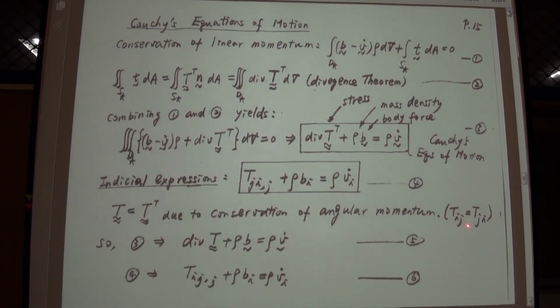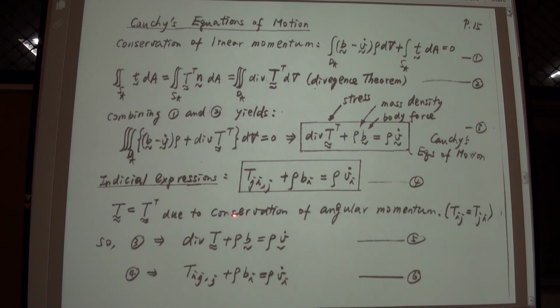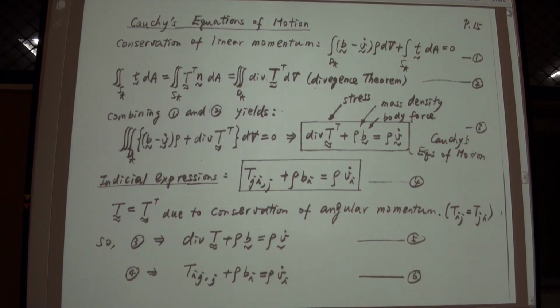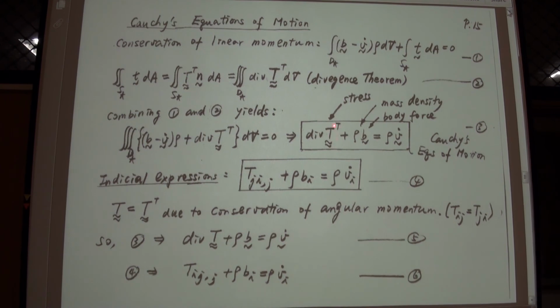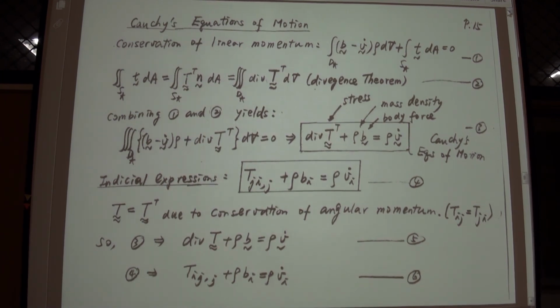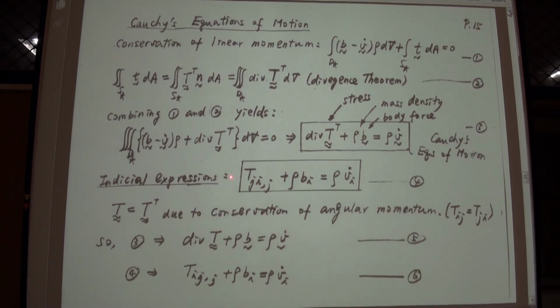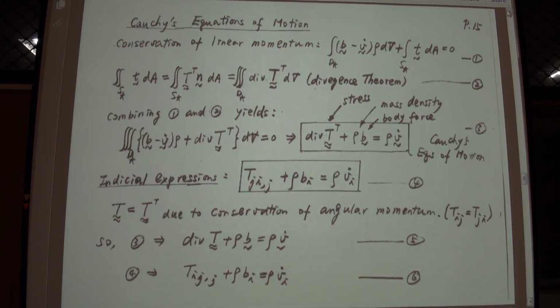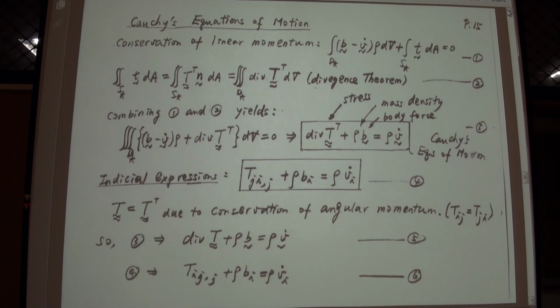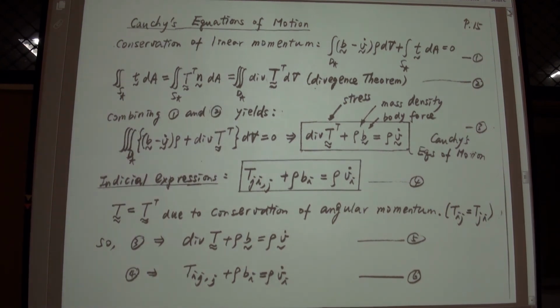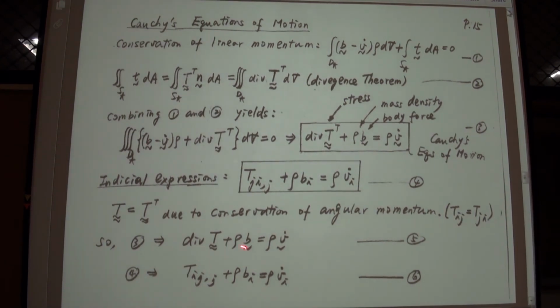So I just take it for granted here. If you want to look at the details of the proof, you can consult some textbook of continuum mechanics. Now, T^T is replaced by T, and T_ji is replaced by T_ij. And then we can rewrite the equation of motion in these forms.